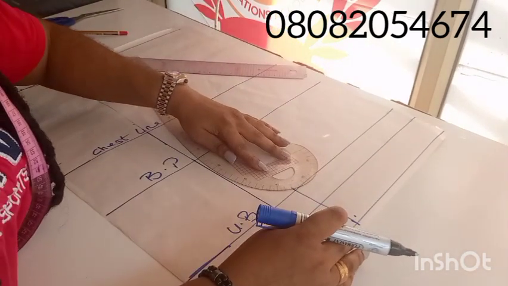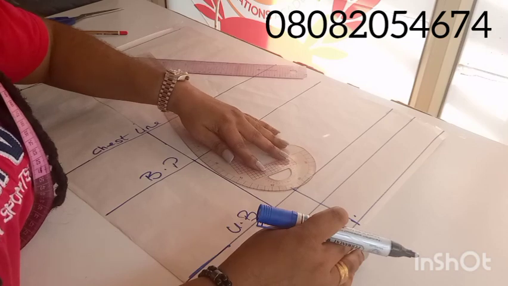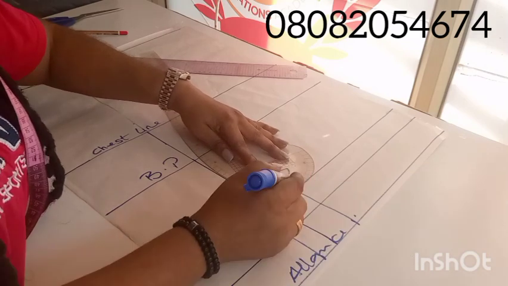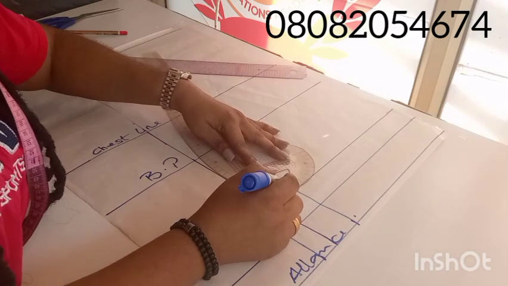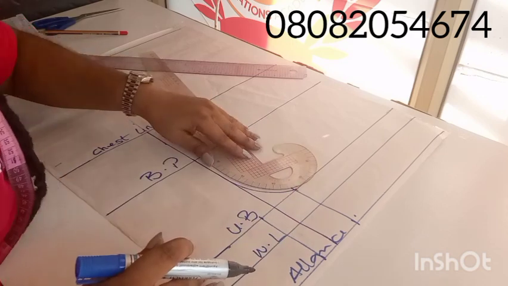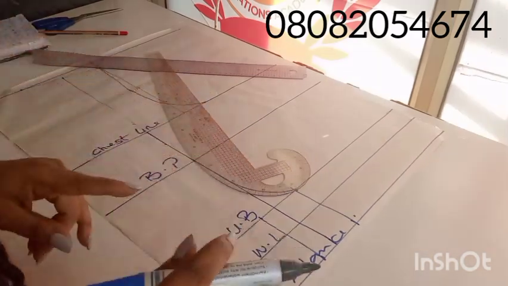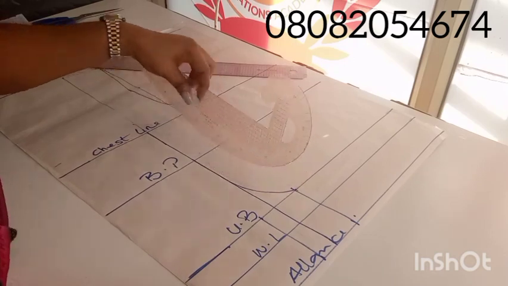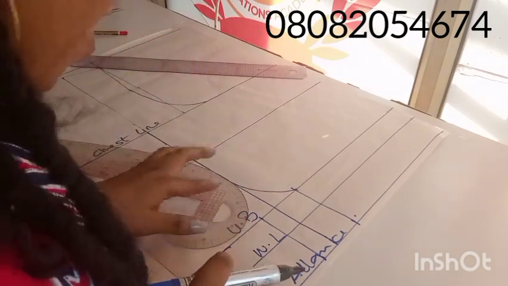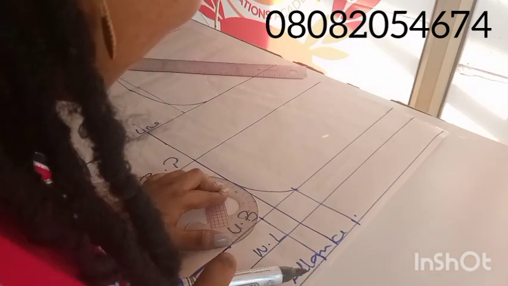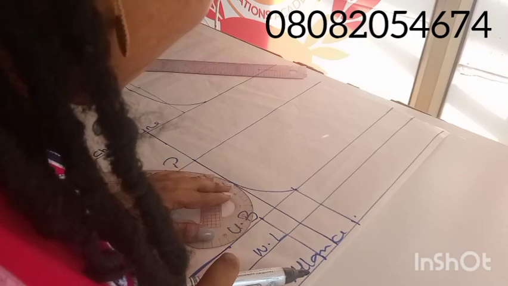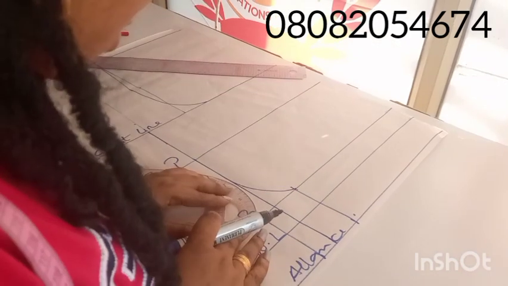Okay, so this shouldn't be something that is strange to a lot of us. It's just how we do our regular bustiers. I'm just reiterating for the benefit of those for whom this might be their first time. So I'm coming to the other side and I'm connecting with a curve into my under bust line.